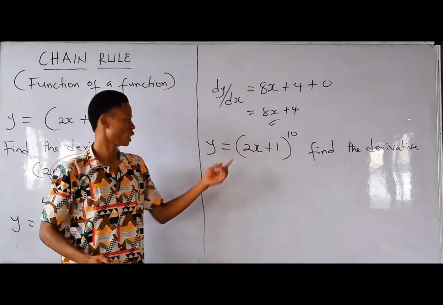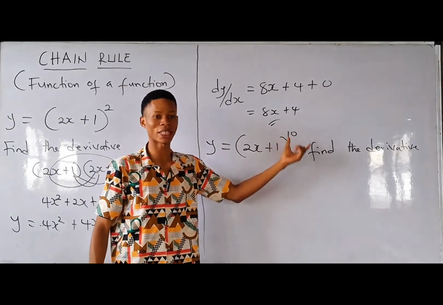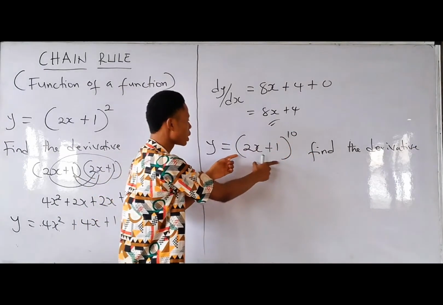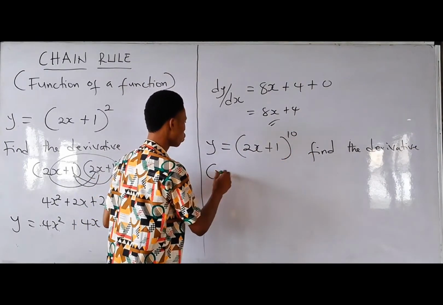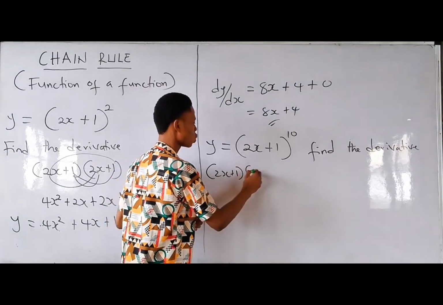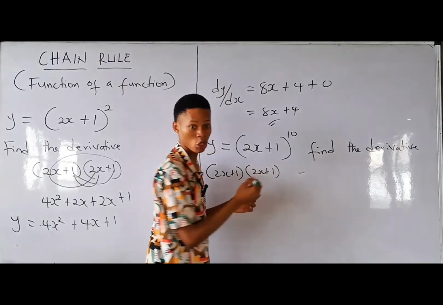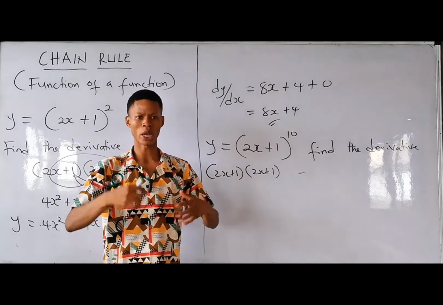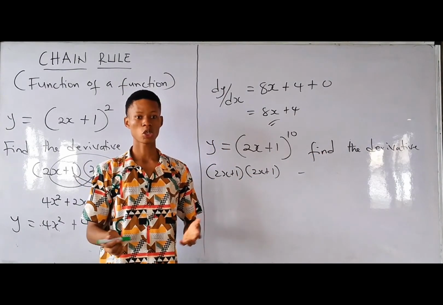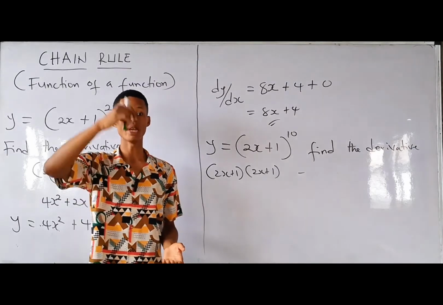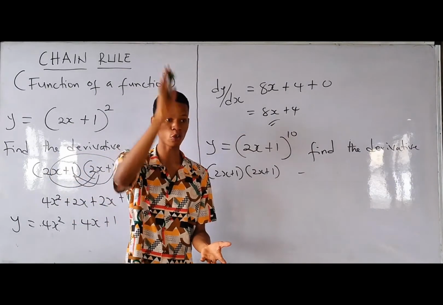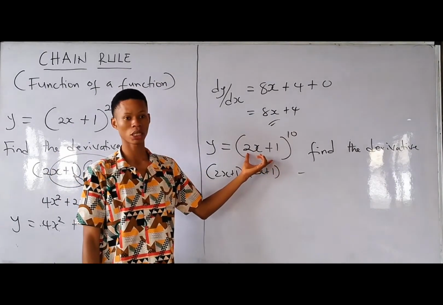If you have something like this, 2x plus 1 raised to power 10, you know this means 2x plus 1, 2x plus 1, like that, 10 times. Is it not? Will it be very easy for you to expand the brackets? It will not be easy, right? I bet you'll be expanding until your notebook will be filled up if you are expanding with this.